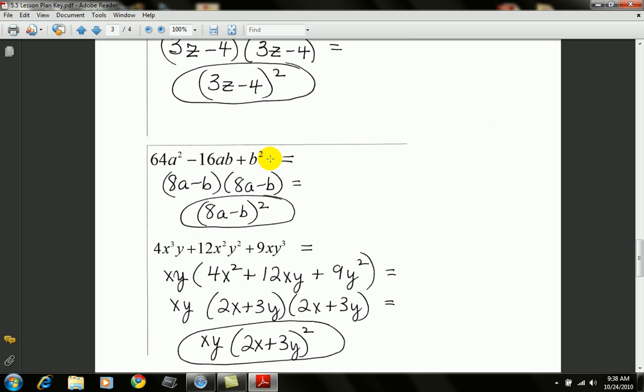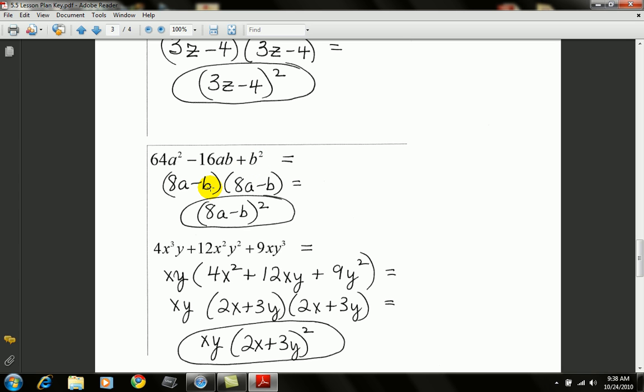Here's another trinomial. My first step is to look for the greatest common factor, but again in this case it's a 1. Because it's a trinomial, we try to write it as the product of two binomials. I'll try 8a and 8a in the front, opposite of b and opposite of b in the back.